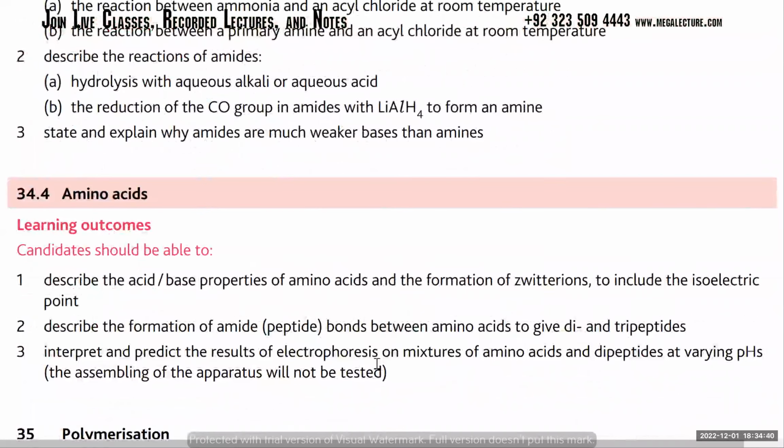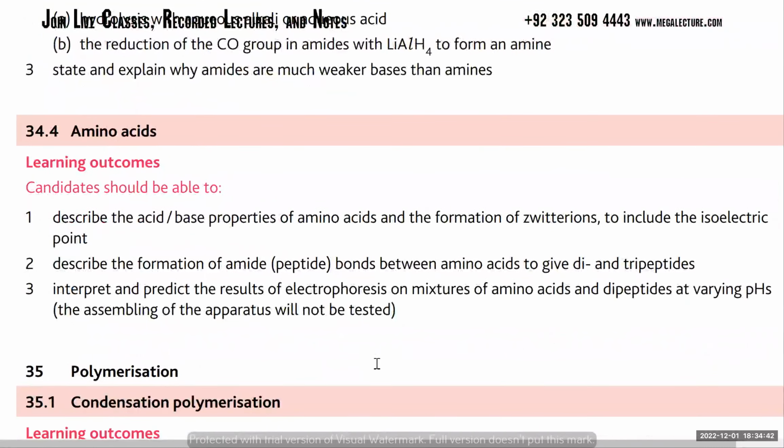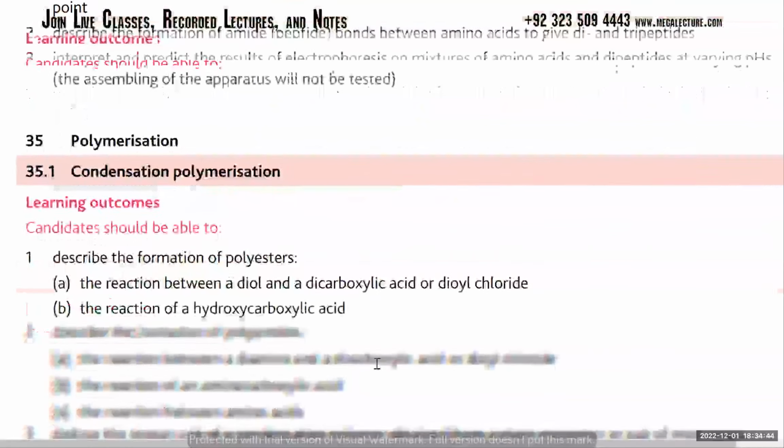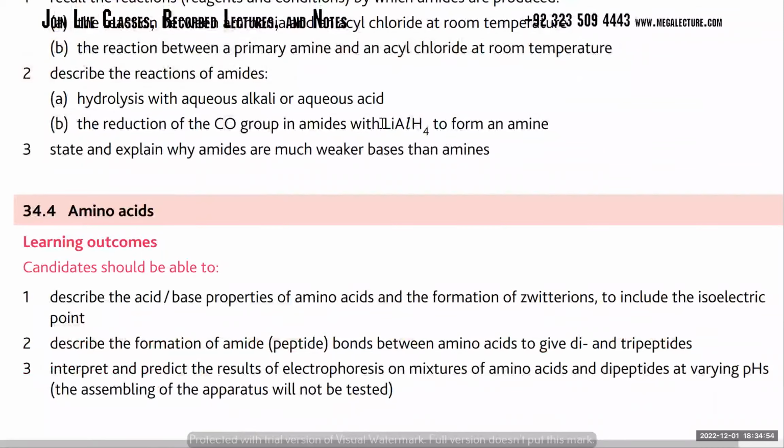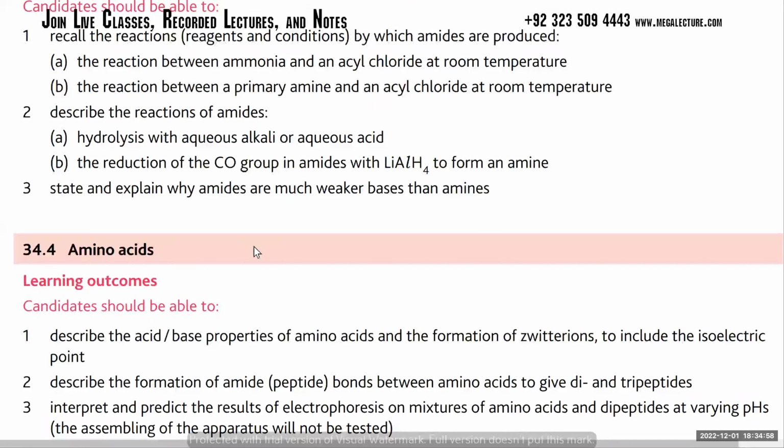Weaker bases, we compared that early on, ठीक है. So and polymerization. अच्छा, first thing, amino acids. Amino acids we can do right now. वो पहले कर लेते हैं. अच्छा, hydrolysis.